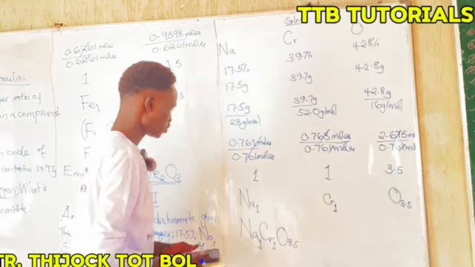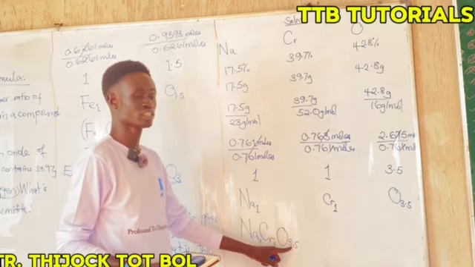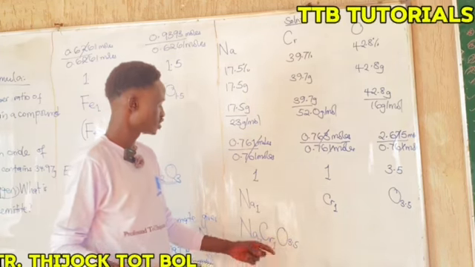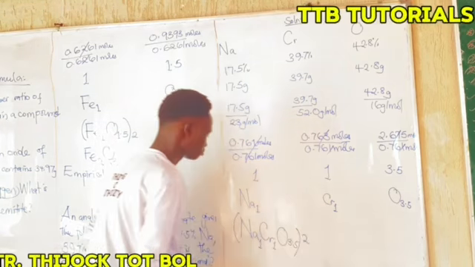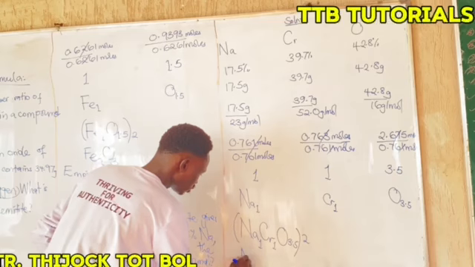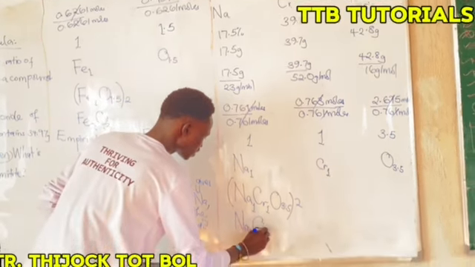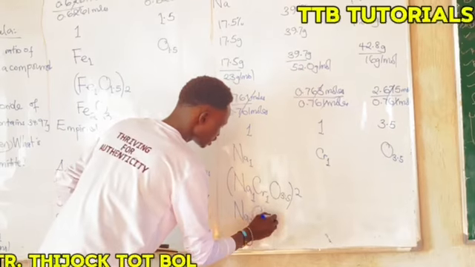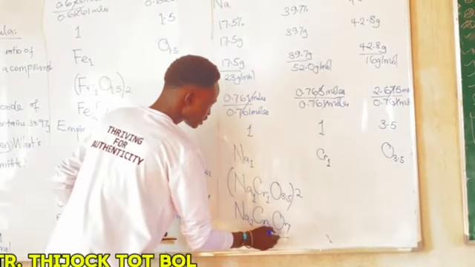But now, oxygen is in decimal point, so we need to change this to a whole number. So here we are going to multiply everything by 2. So when we multiply, we are getting sodium 2, then chromium 2, then oxygen 7.